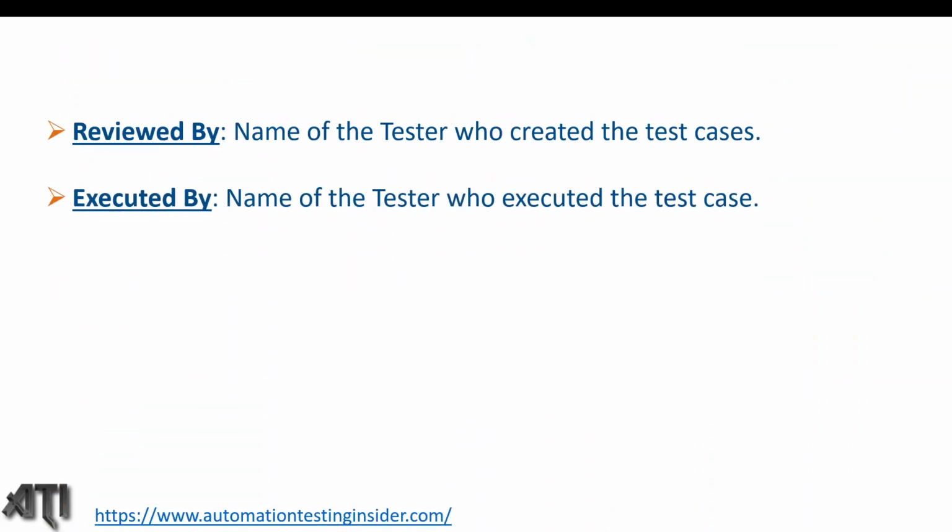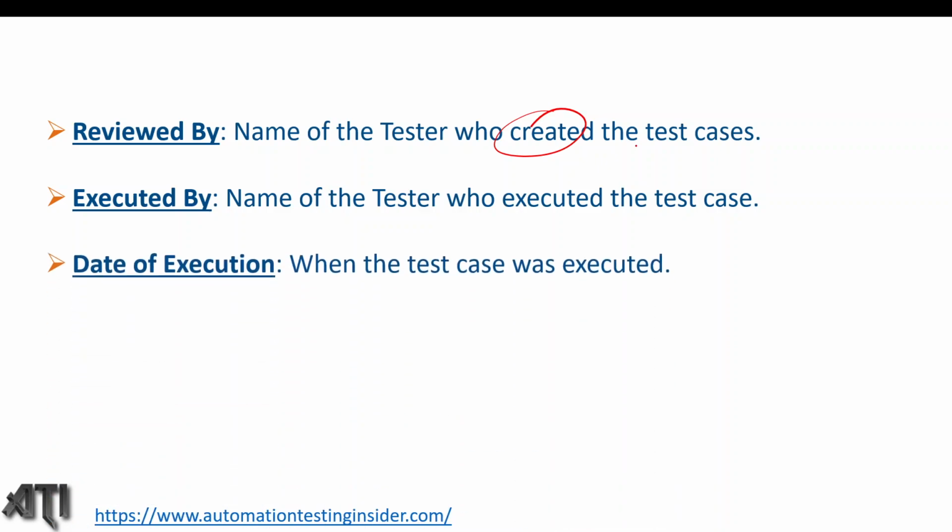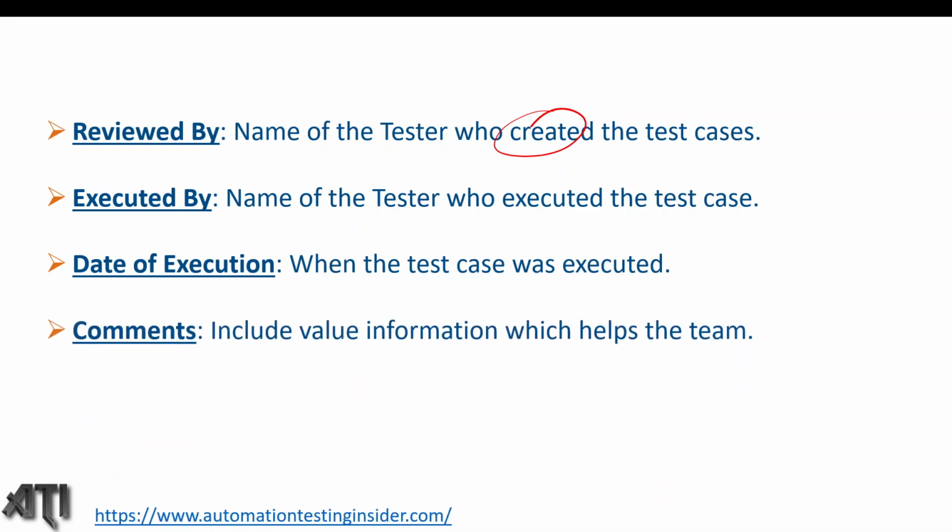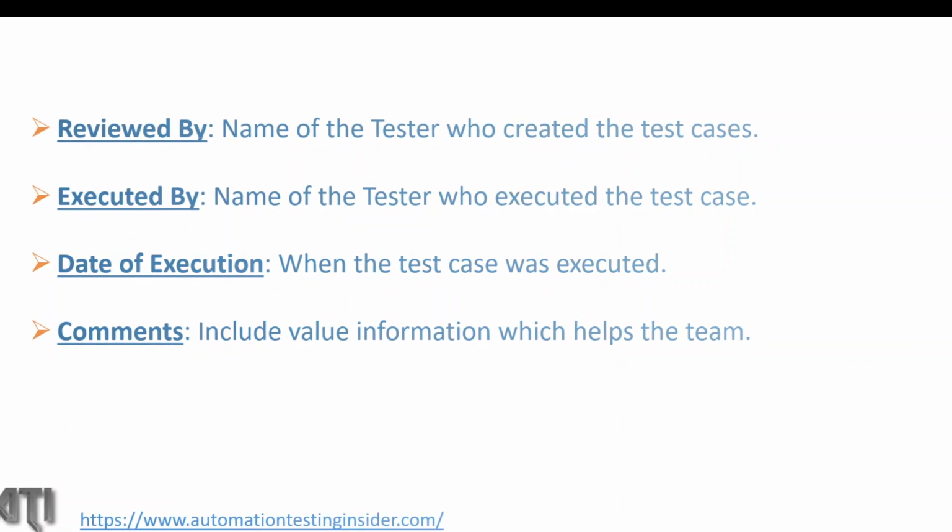And reviewed by, name of the tester who reviewed the test cases, there is a spelling mistake over here. Executed by, name of the tester who executed the test cases. And the date of execution, when the test cases were executed. Comments include valuable information which helps the team. If you have any comments about a particular test case, the execution comments, or while writing the test cases as well.